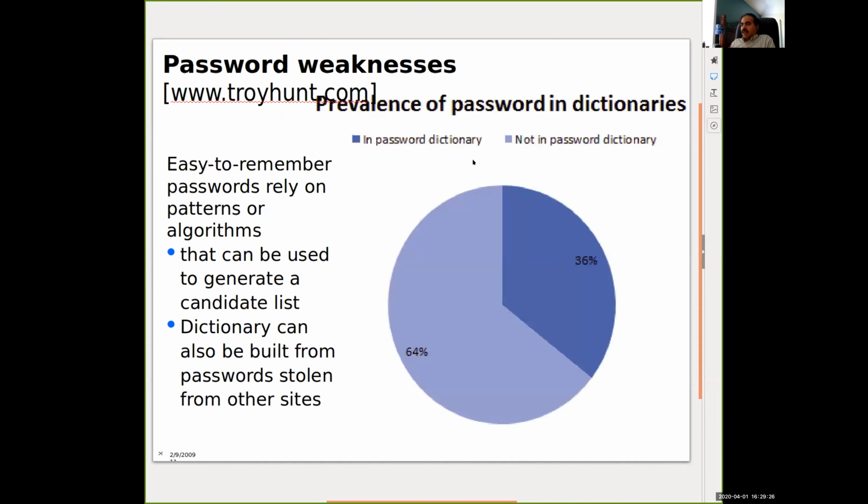Now again, for the most part, websites also store hashed passwords. So if the attacker is able to steal the password database, that still doesn't allow them to immediately figure out what the passwords are. They still need to use either a brute force attack or a dictionary attack in order to figure out what the real passwords are.